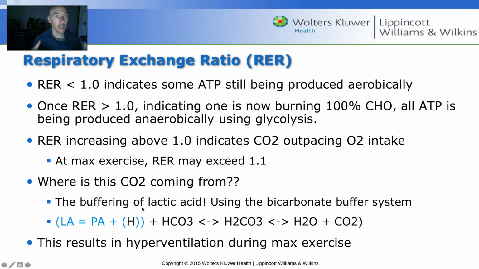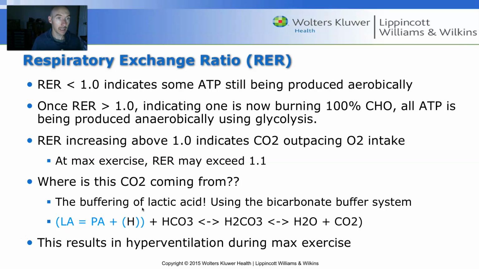So again, at max exercise, we're relying almost 100% on glycolysis. Whenever we do that, a lot of lactic acid is being produced. If it accumulates too high, we have to stop exercising.